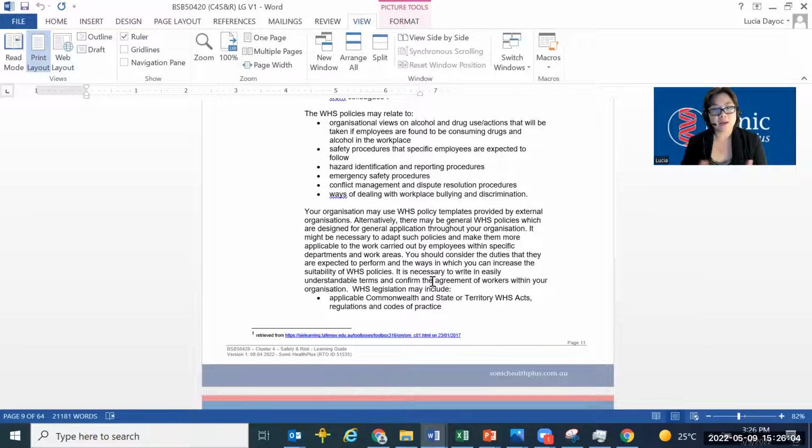It is an expectation, and make sure that people have confirmed their agreement to policies and processes. If they don't agree with that, then we are not following what is expected of us. We're not going to be able to deliver.